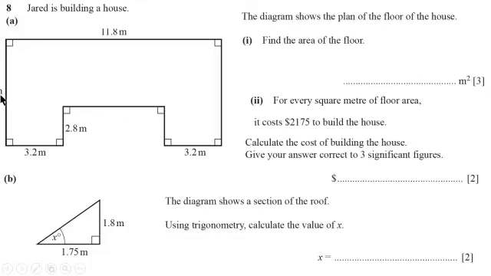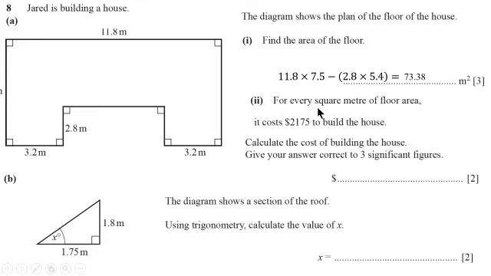I'm sorry, this number does not appear here, but it will be 11.8 times 7.5 to get the area of the larger rectangle, minus 2.8 times this side length, which is 11.8 minus the sum of 3.2 and 3.2, which is 6.4. 11.8 minus 6.4 is 5.4. And the final answer is 33.38.